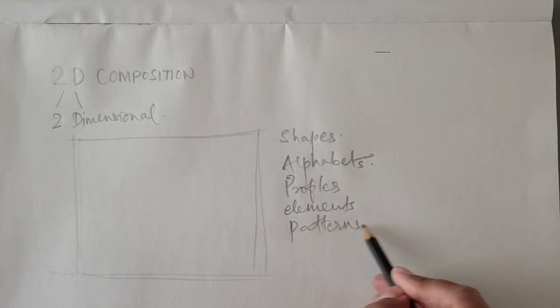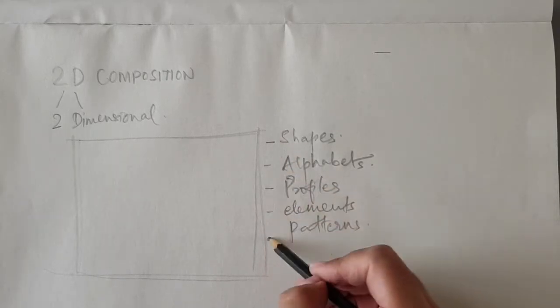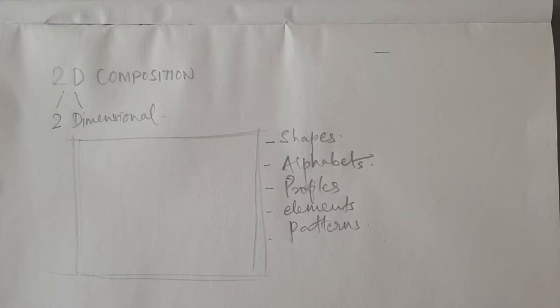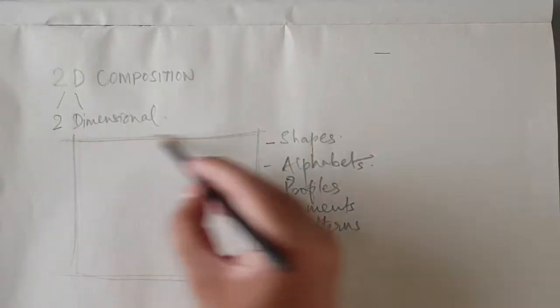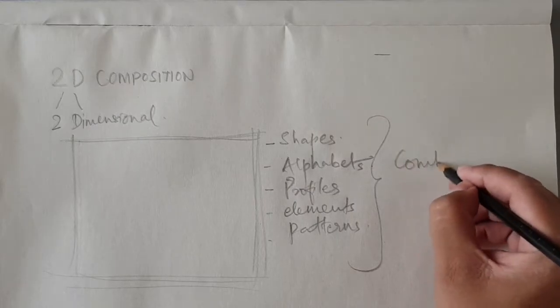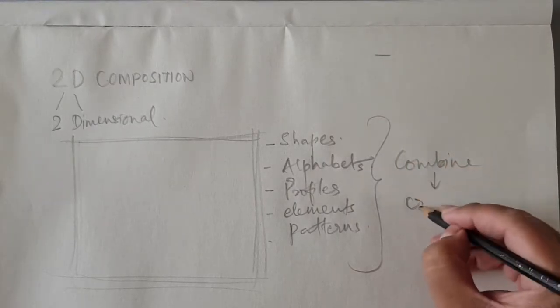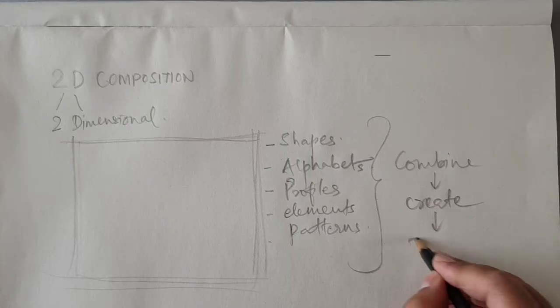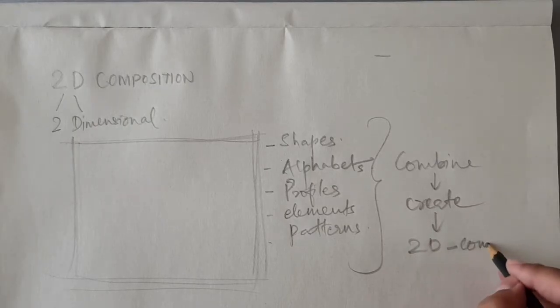So these are the things which we can use for creating a 2D composition. So 2D composition effectively means that you have to combine whatever you combine, and you create a very interesting two-dimensional composition.